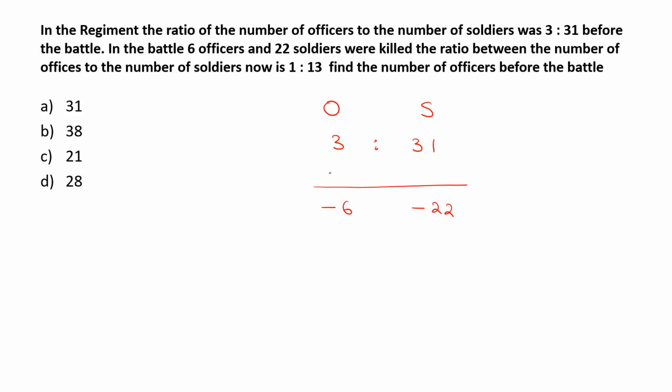Due to this, the ratio of the officers and soldiers became 1:13. We need to find the number of officers before the battle. That means we need to find the value of these 3 units. Just apply the mechanism which we have learnt in the previous sessions.